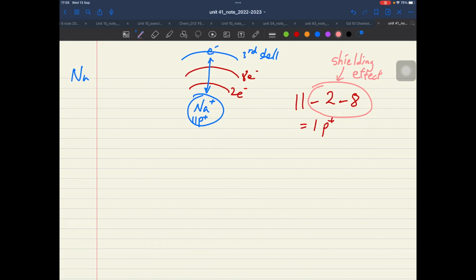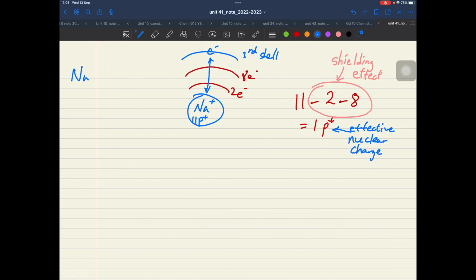So in this case, for sodium, the outermost shell electron experiences only 1 proton attraction. In fact, this is what we call effective nuclear charge.